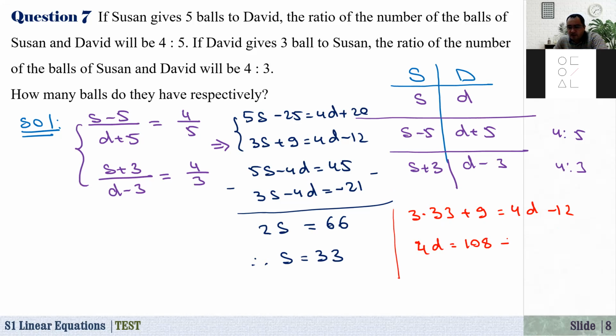Take 12 to the left-hand side, plus 12, that's equal to 120. So what is D? 120 over 4, that's equal to 30. So how many balls do they have respectively? At the beginning, Susan had 33 balls, and David had 30 balls.